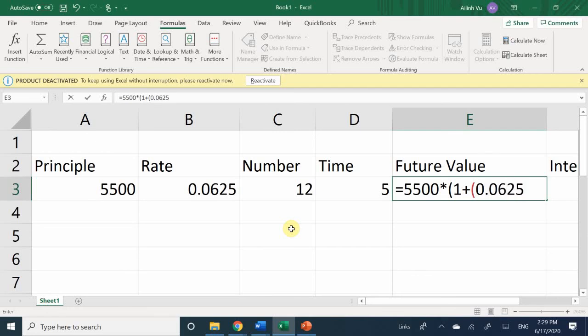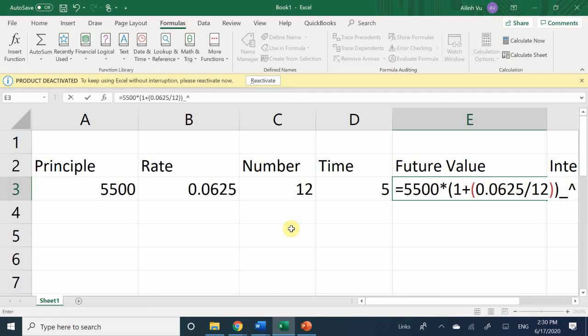And we're going to divide that by the number, which is 12. Then I'm going to close the double parentheses. Remember, you need to close out all the parentheses. And then I'm going to add my caret, so that's shift 6.